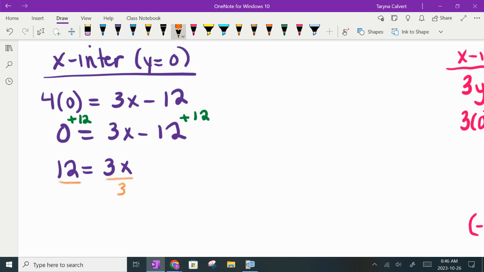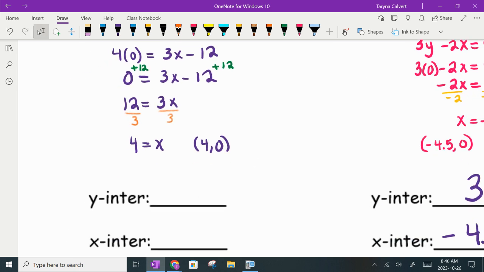Perfect. 3. So 12 divided by 3 is 4. So again, if I asked you to graph, that's where your ordered pair would be. You would cross the x-axis, you go on the x-axis, you plot a point at 4. Right? We're getting there soon, but we're not doing it yet. So x-intercept was 4.